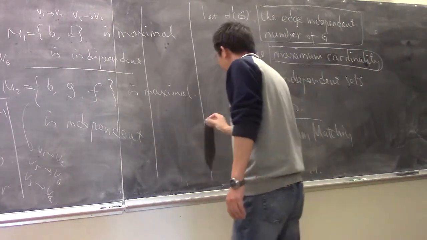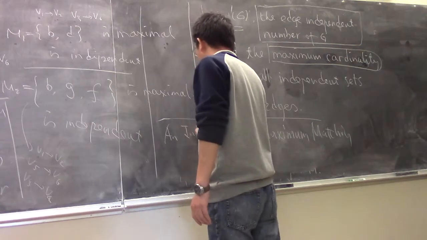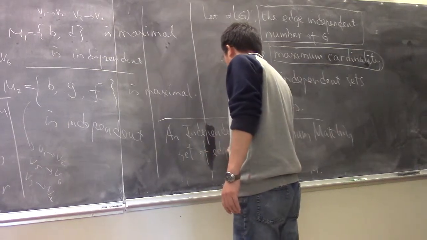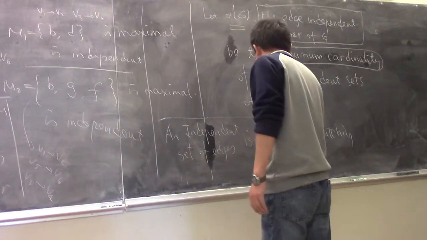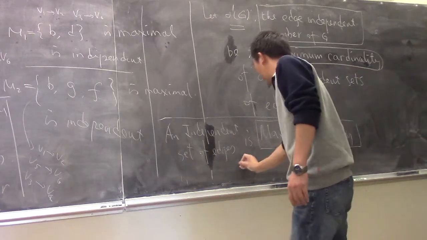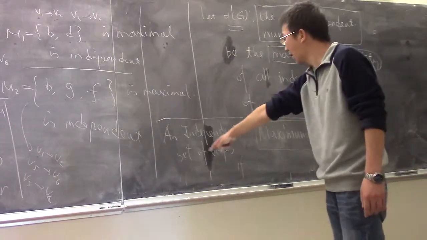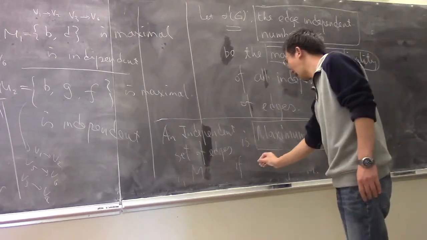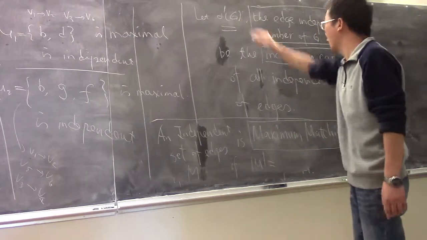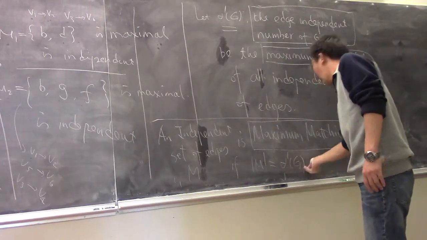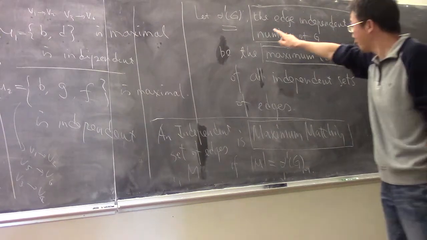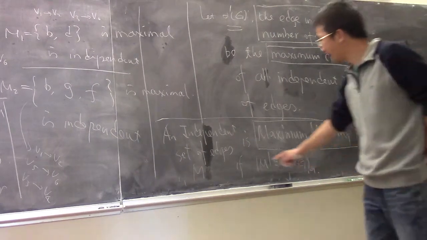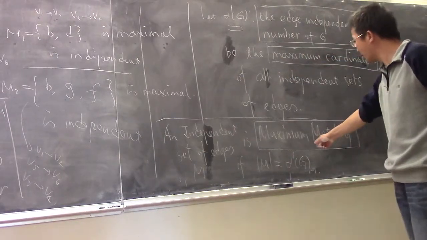Say an independent set of edges M is called a maximal matching if the cardinality of M is exactly equal to alpha prime of G. If alpha prime of G is exactly equal to the cardinality of this independent set of edges, then I call this a maximal matching, right?